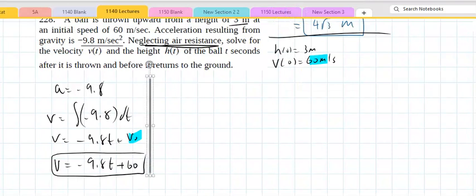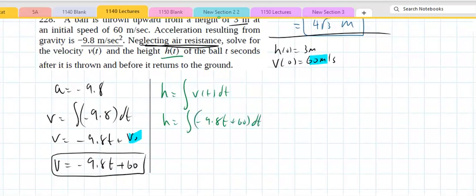Now, the height or the position is the integral of velocity. Well, that is the integral of negative 9.8 t plus 60. That is negative 9.8 t squared divided by 2 plus 60t plus the initial height.